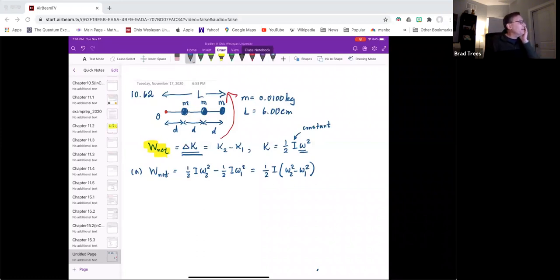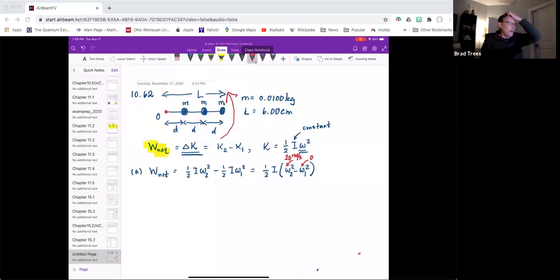Now that is getting me closer to the kind of information they give me in this problem. Because in part A, they want to change the angular speed from 0 to 20 radians per second. So that means put 0 in for the omega 1 and 20 radians per second in for the omega 2.